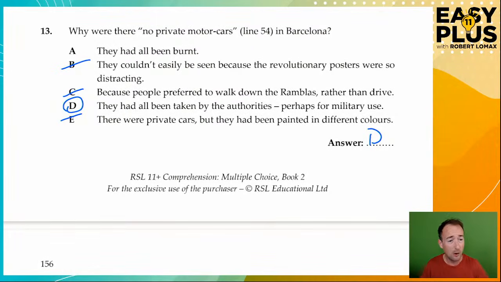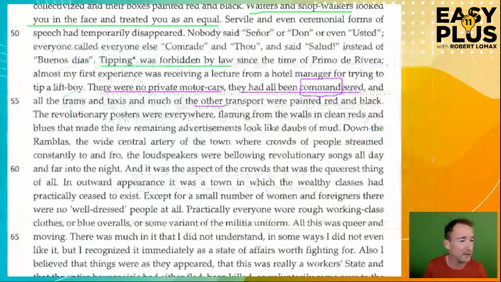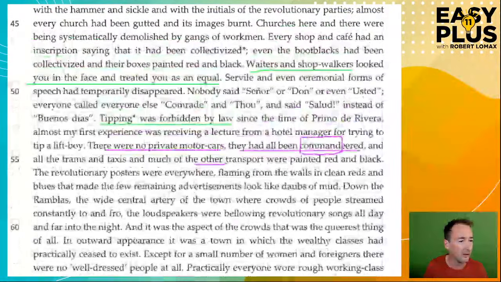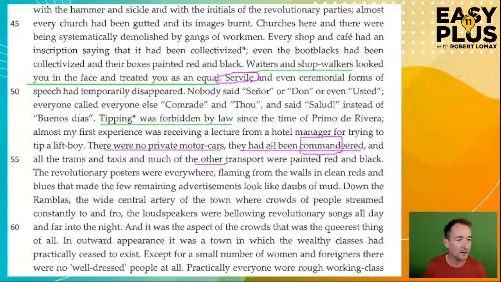But answering your question, we can use the same kind of technique. Let's try and find servile in the passage. Here we are. Servile and even ceremonial forms of speech had temporarily disappeared. Okay, well, servile includes a serve beginning, and you know that "ile" is a suffix that's often put on the end of other things. Serve, so to do with service or being a Latin servus, slave. So servile behaviour is behaviour like a servant or a slave.